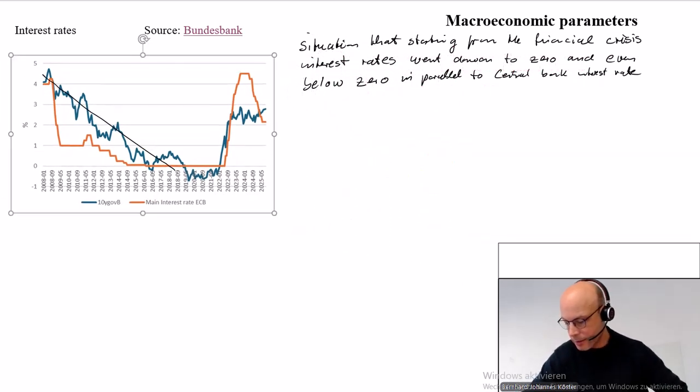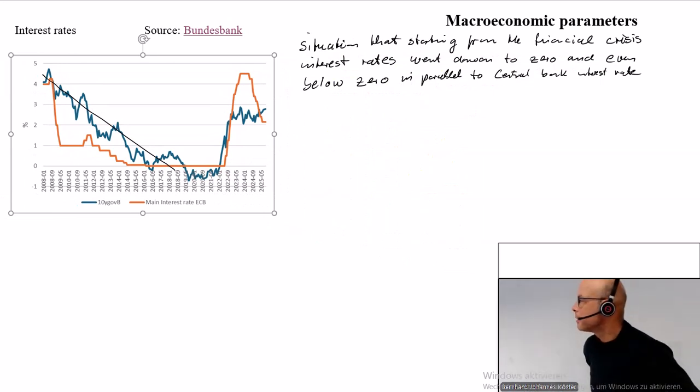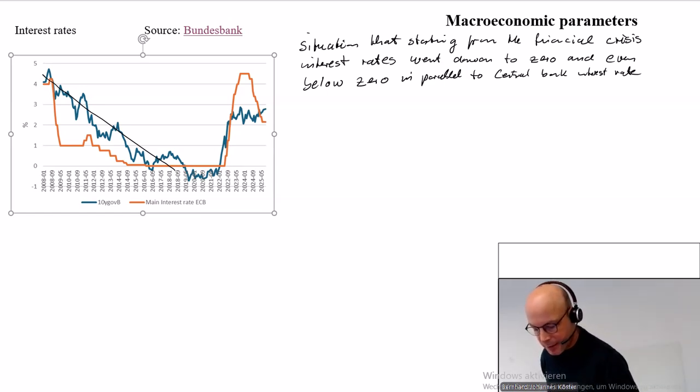Roughly like this, and you see that it is in the direction not 100%, but roughly in parallel, following the main rate of the central bank.